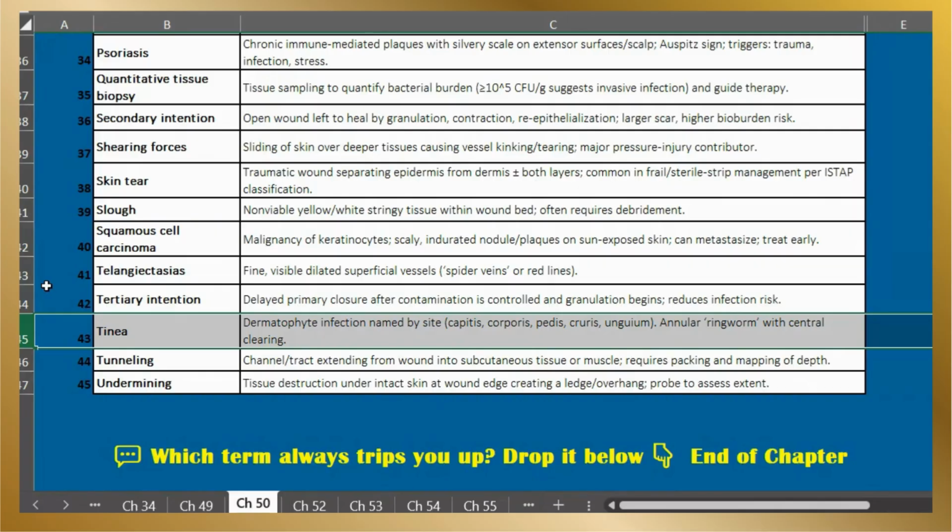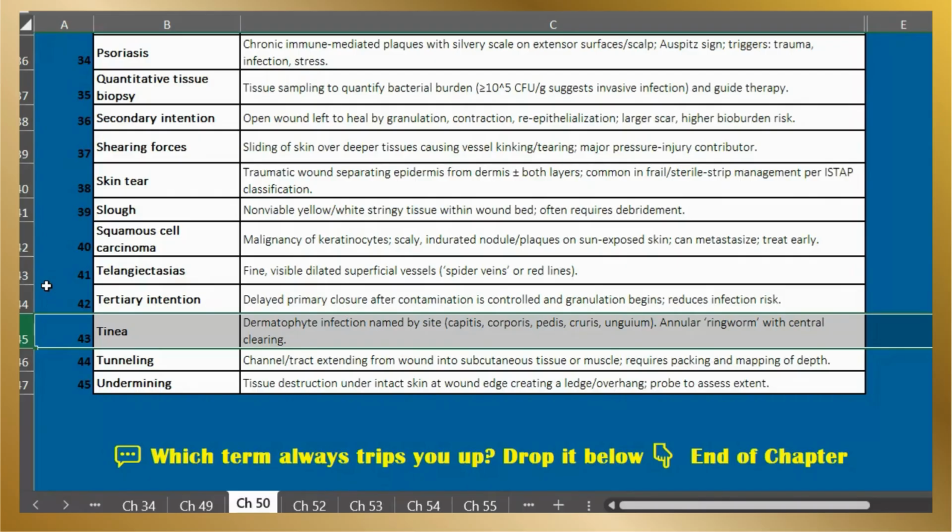Then you have the cancer cells, and for cancer you need to have the A, B, C, D, E, and for pressure ulcers you need to have the Braden scale, and then a few words for types of skin lesions, like those pimples, how it's cut, how it looks.